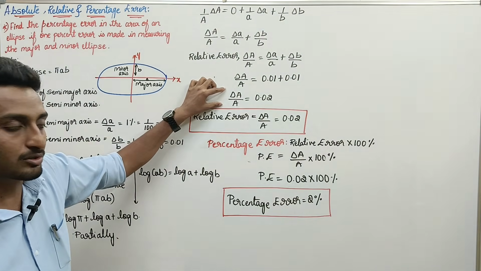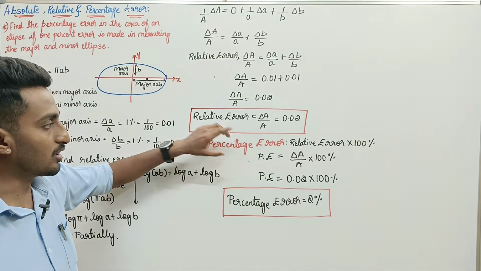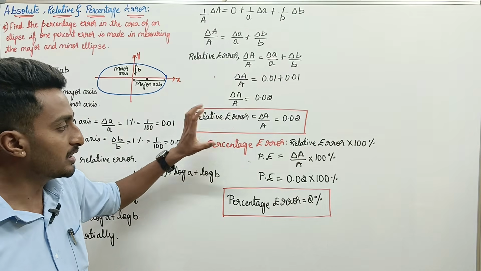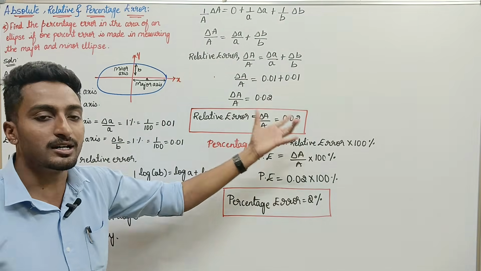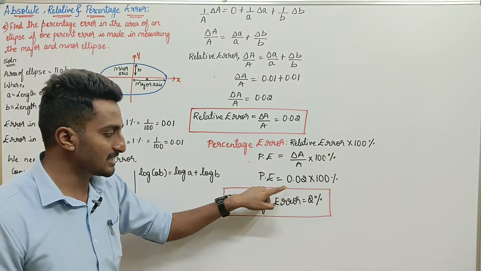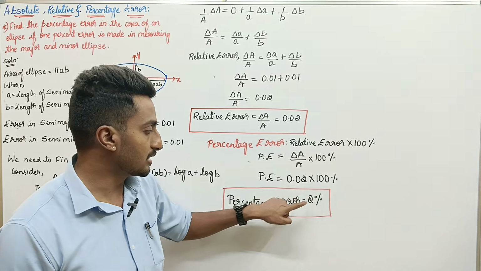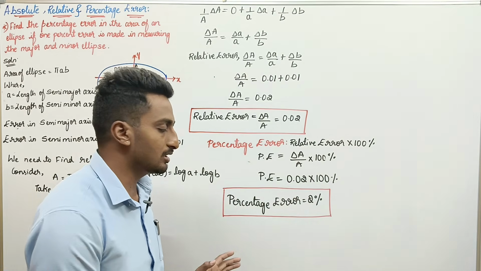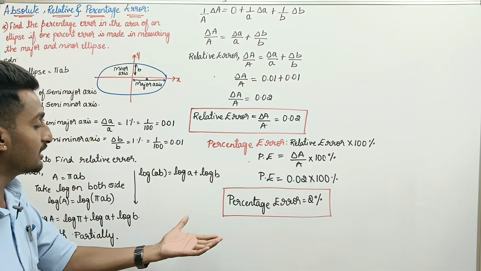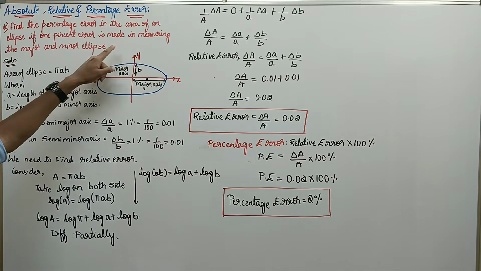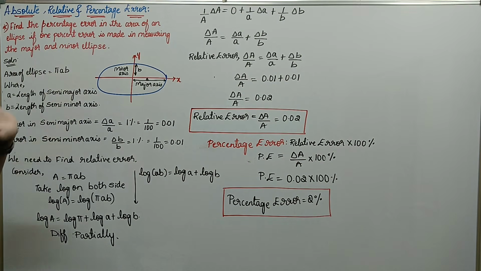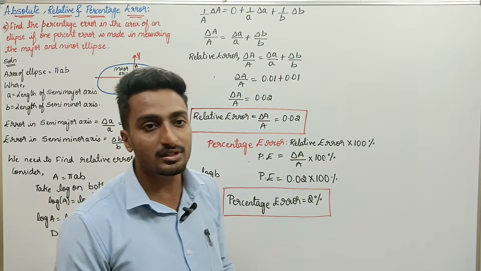You get del A by A equal to 0.02. This we call the relative error. Got the point? If you multiply by 100%, you get the percentage error, which is 0.02 into 100%, that is 2%. This is the solution, the error which we were asked to find in measuring the major and minor axes of the ellipse. That is the representation of the solution.